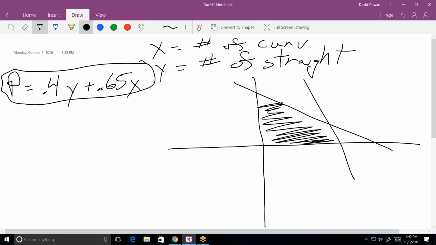Yes. Well, how'd you get that? 40 cents times the number of straight sections, plus 65 cents times the number of curved sections. That's how much you make. So that function is not shown in my graph ever. It's just the objective function.